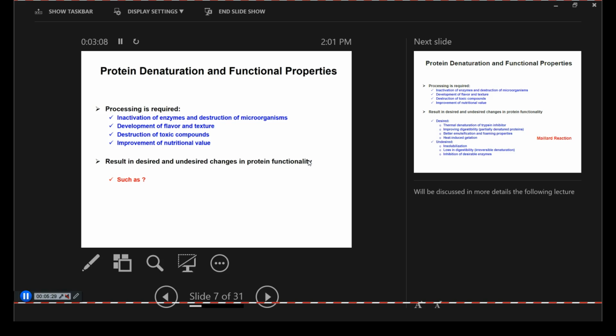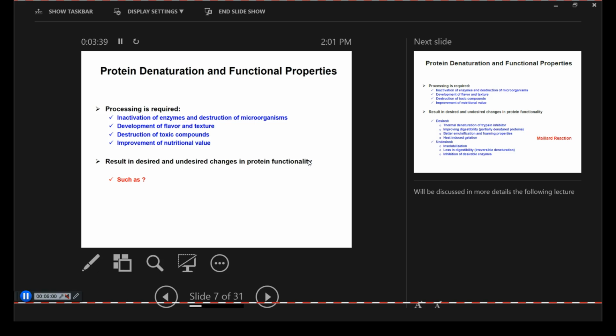And improvement of nutritional quality, not just for protein but also starch. Raw starch won't be as digestible as gelatinized starch. Same with protein. A little bit of heat unfolds the protein, therefore the protein will be more susceptible to digestion or digestive enzymes.